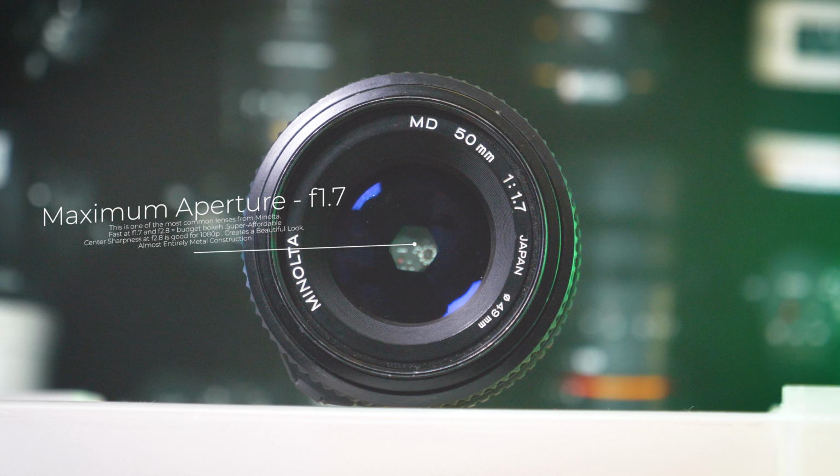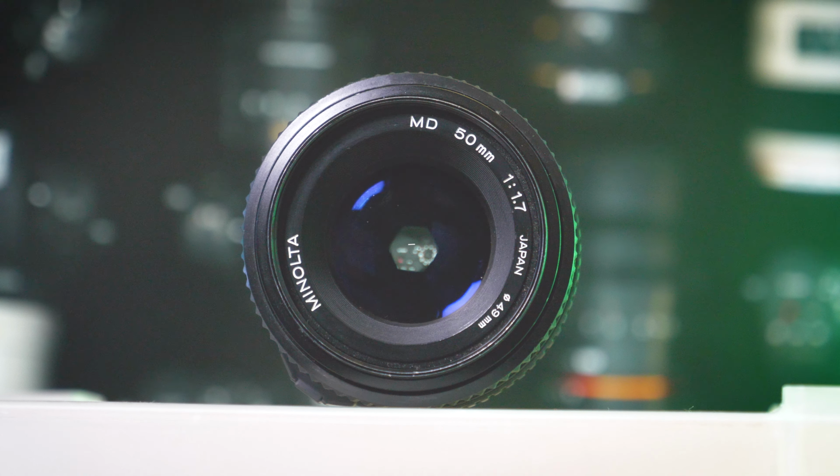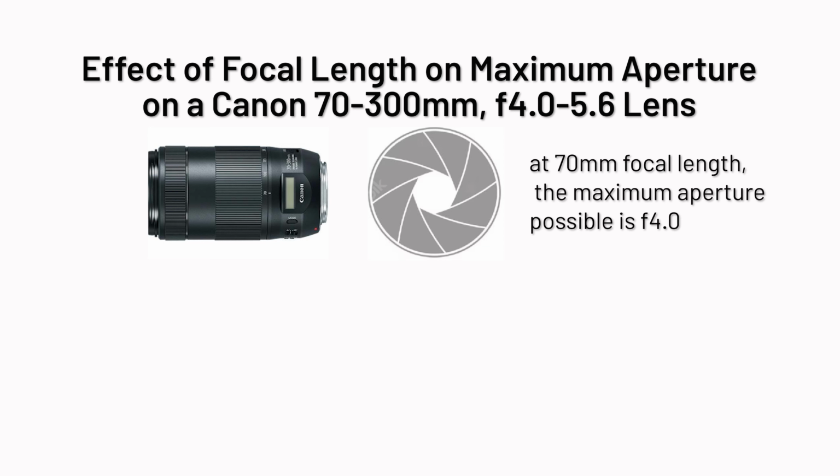For prime lenses, you get only one figure showing you the maximum aperture of that lens. But for zoom lenses, you get a range, just like the range that you get for your focal length. The range that you are given for aperture on zoom lenses means that when your lens is at its shortest focal length, the maximum diameter, the maximum opening that you can get, which is measured in f-stops on this lens, will be 4, as is written.